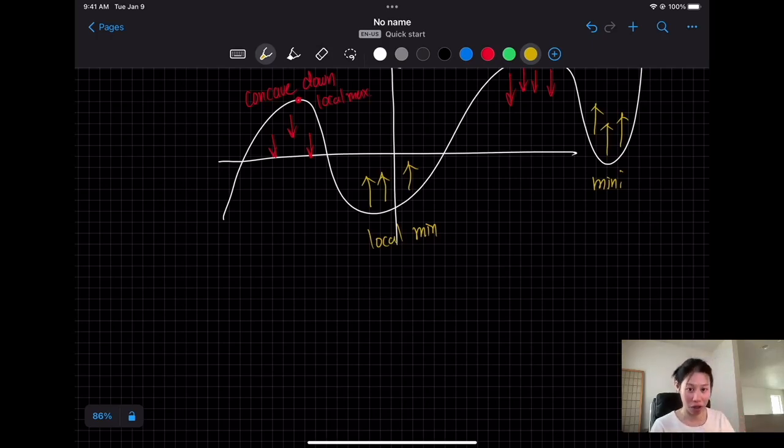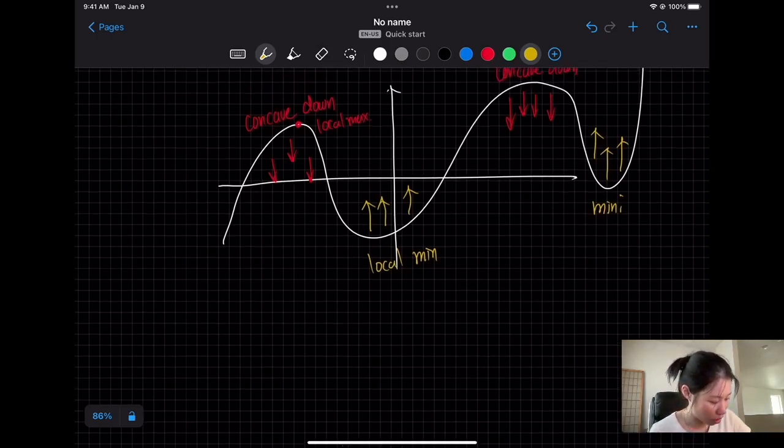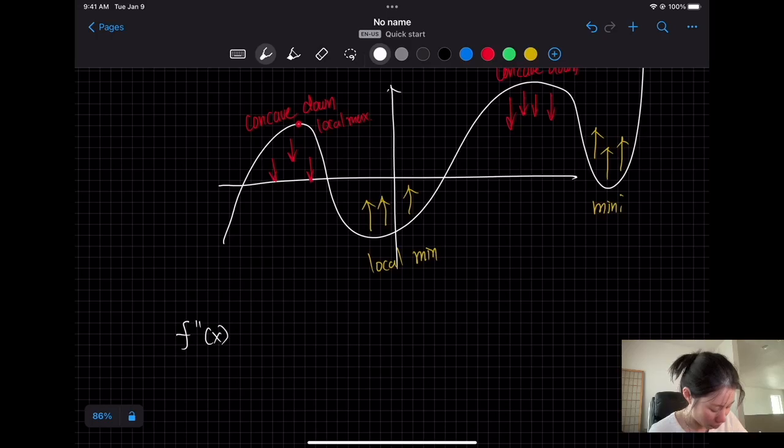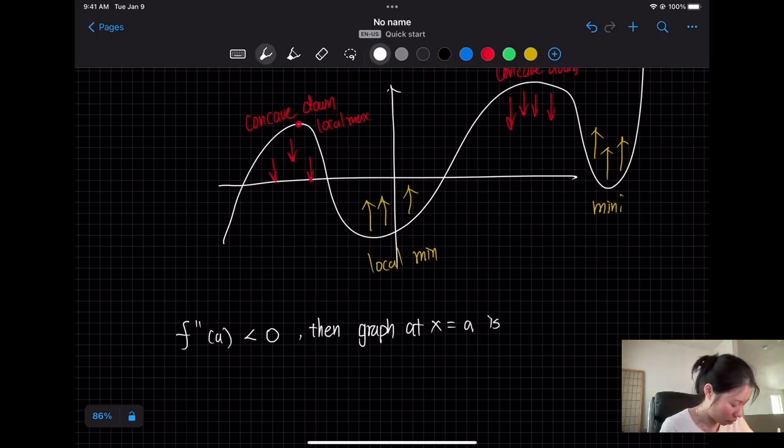If the second derivative, which is f double prime of x, is less than 0, a negative number, then the graph at x equals, let's say, a, is concave down.